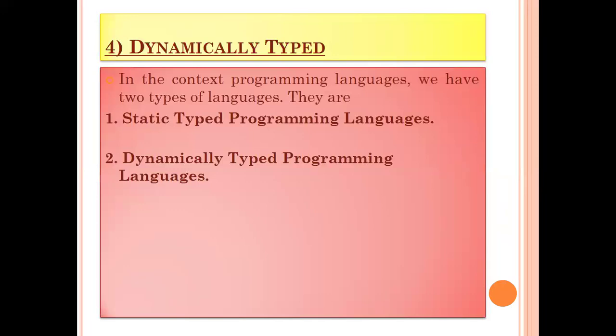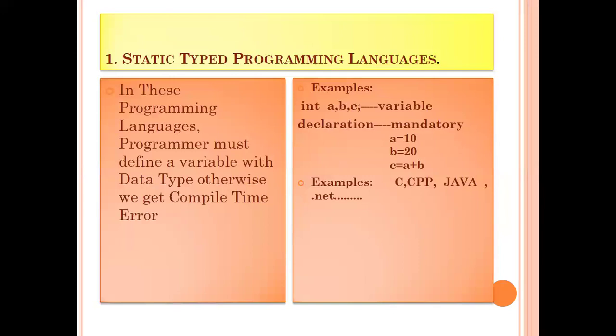Then we discussed the dynamically typed language. What is the difference between a statically typed language and a dynamically typed language? Static typed language is a language in which programmers must define a variable with its data type, otherwise they'll get a compile time error.